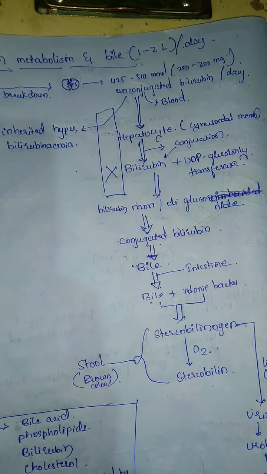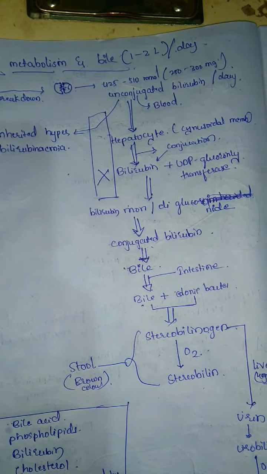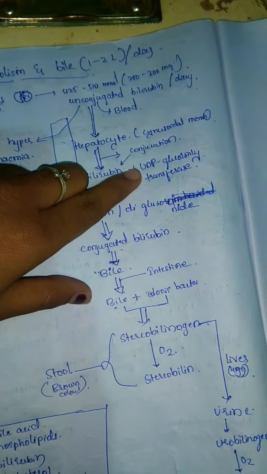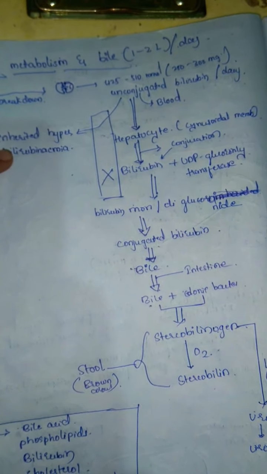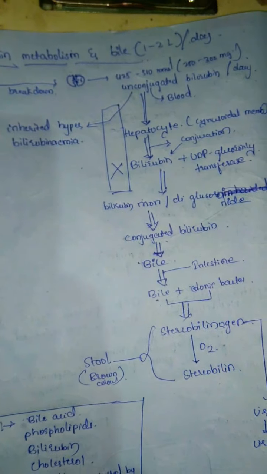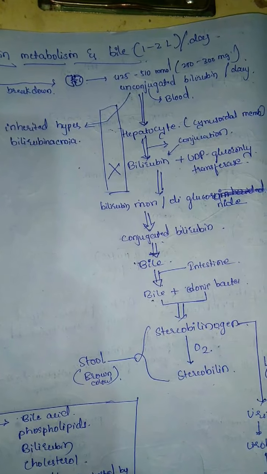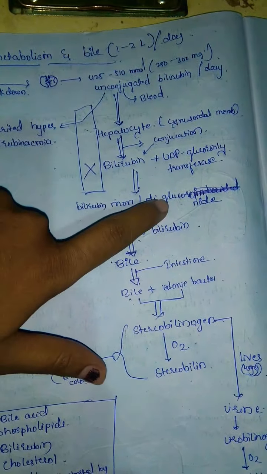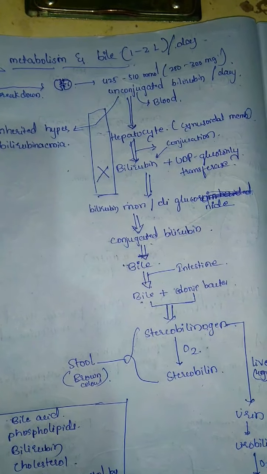So impairment of conjugation by this enzyme is a cause of hyperbilirubinemia. If this process does not happen because of impairment of this enzyme, it causes inherited hyperbilirubinemia.